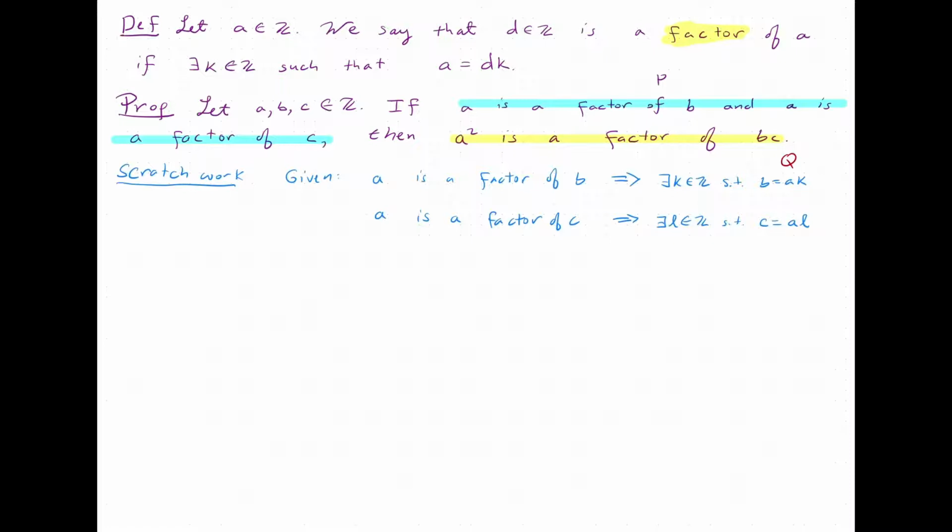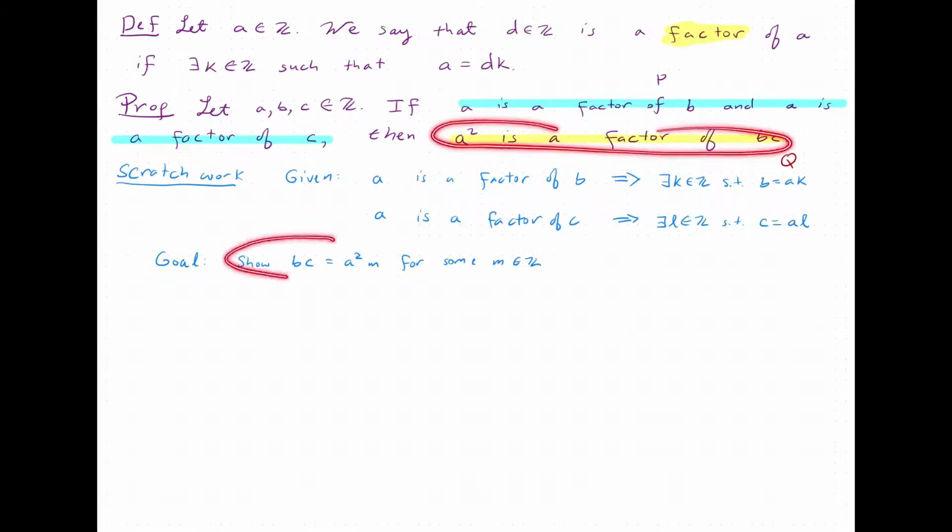Okay, so now we have this. Now if we put these two together, the goal is to show that b times c is equal to a squared m for some integer m. That's just what it means for a squared to be a factor of bc.